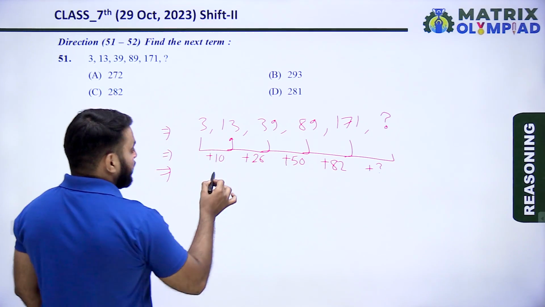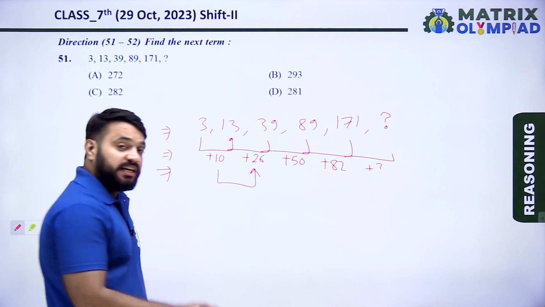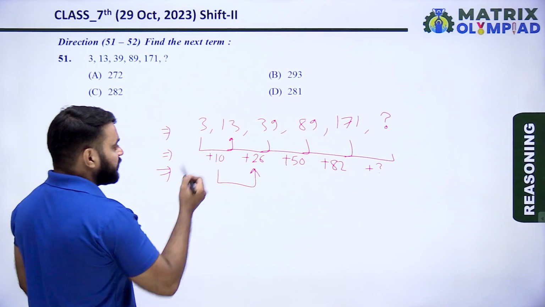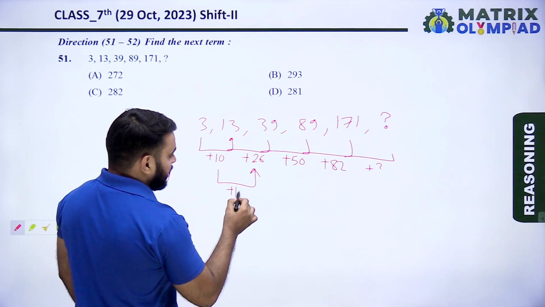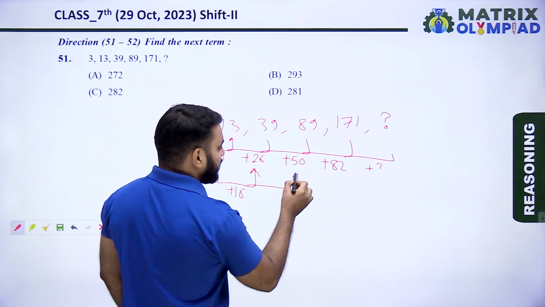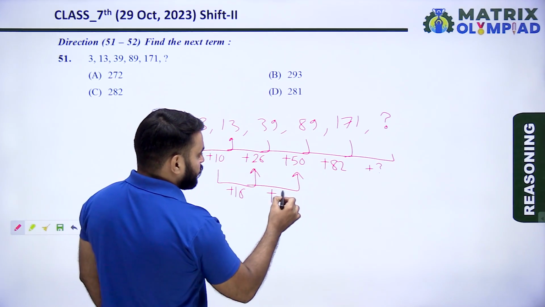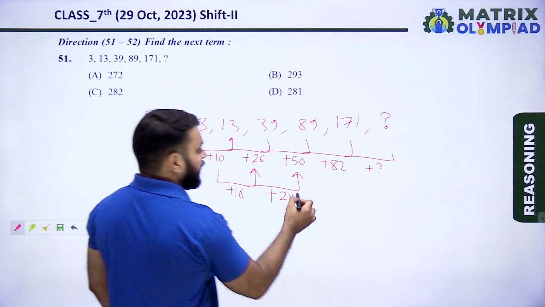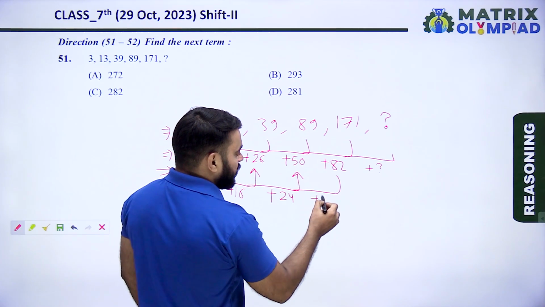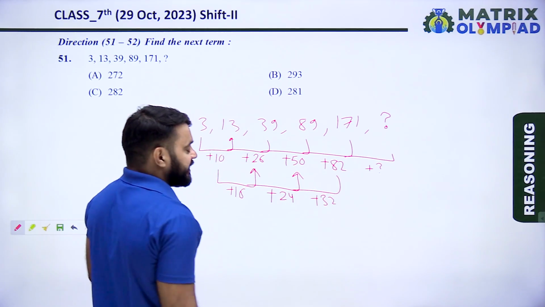Then find the difference of the given difference. So 10 plus 16, it means 26. Now 26 plus 24, it means 50. Now 50 plus 32, it means 82.